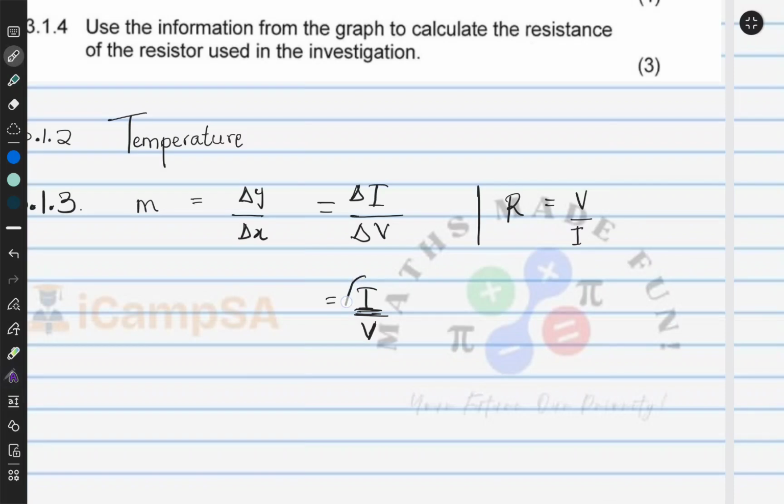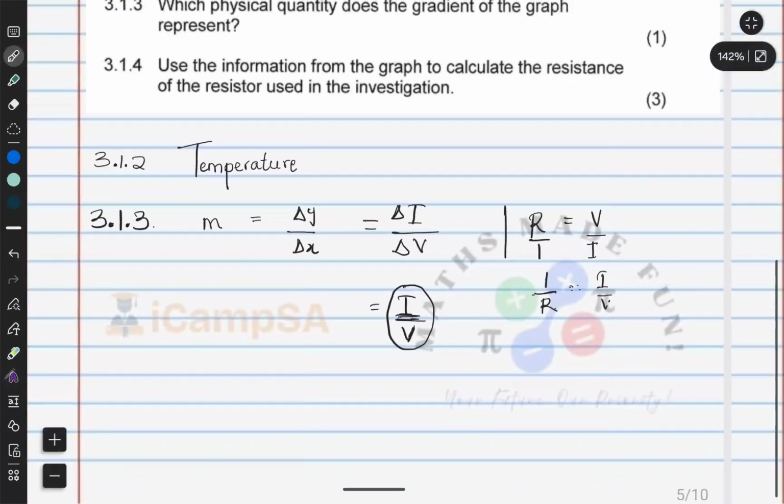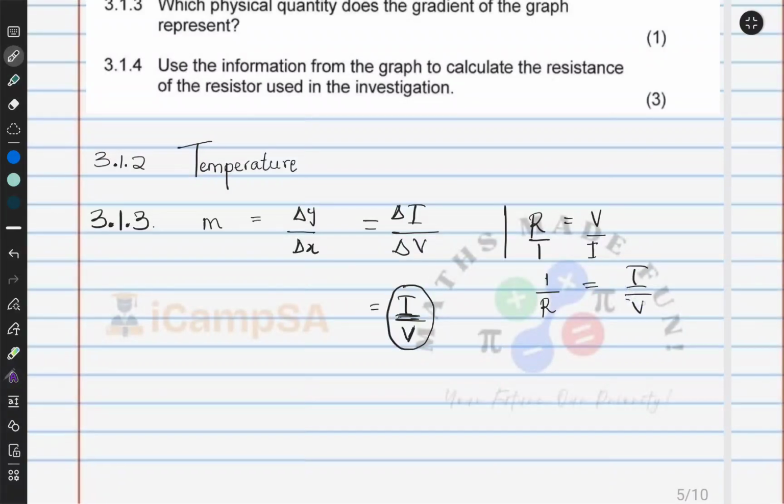The only difference here is that these are swapped, so it's instead I over V. It means that instead of R being equal to V over I, this is actually 1 over R and not just R. So the gradient would have to be 1 over R. That's what I over V would get you, the inverse of the resistance.